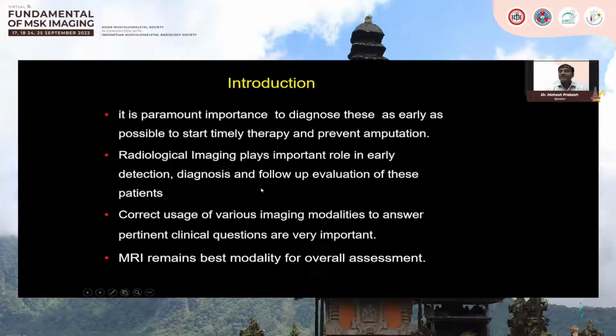Radiological imaging plays a very important role to detect these changes and make the diagnosis, as well as in the follow-up of these patients. We need to know the correct uses of the modalities we have, like radiograph, ultrasound, CT, and MRI. We all know that MR remains the best modality if you want to assess the diabetic foot in a holistic way.